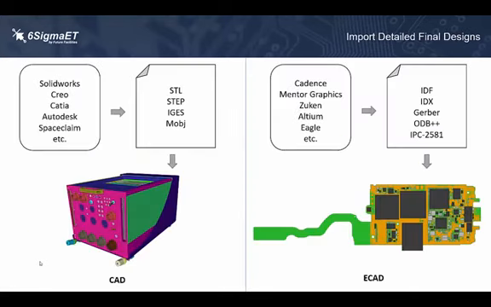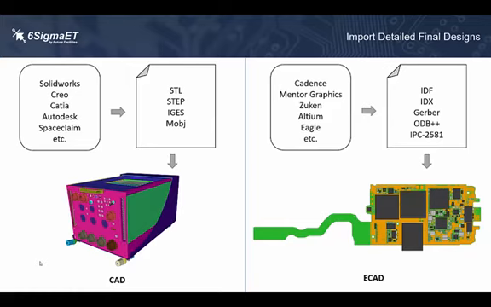But if you have got the final CAD and PCB designs, you can really easily import them into 6SigmaET. So we can import from all the major CAD tools, SolidWorks, CATIA, Autodesk, etc., through industry standard file formats, bringing in the full detailed CAD.